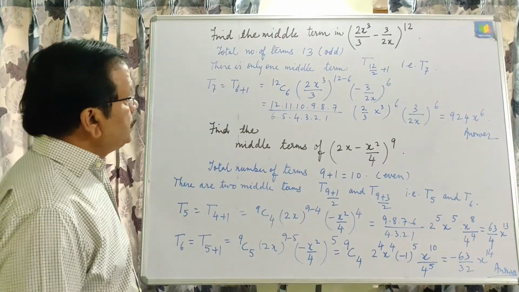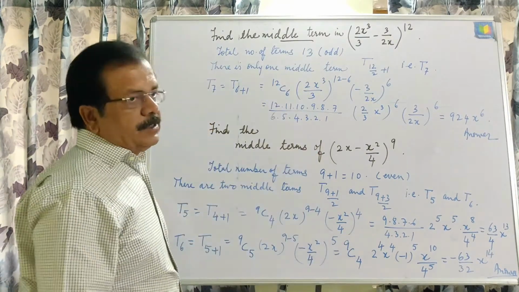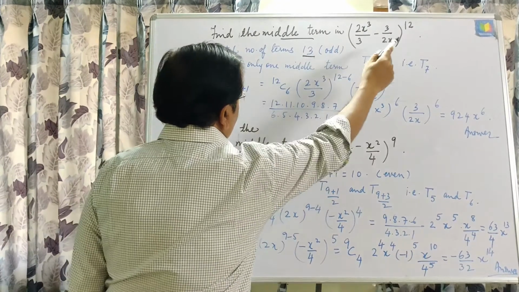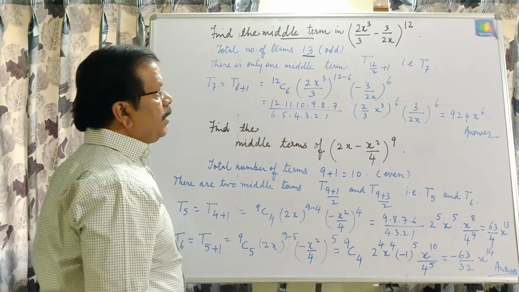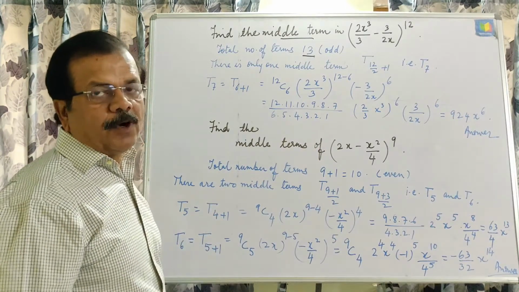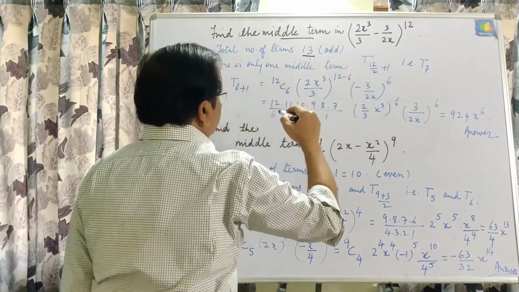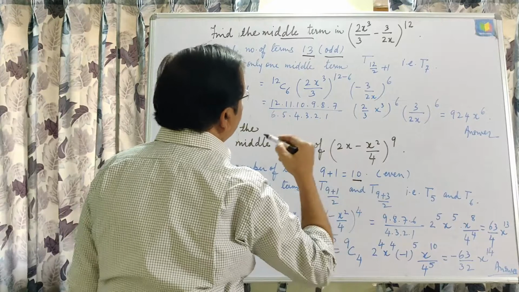Now these two questions are related to finding middle terms. In the first one, the number of terms is 13, because here (2x³/3 − 3/2x) to the power 12 means the total number of terms will be 12 plus 1, that is 13, which is odd. And in the second one, we are getting even.